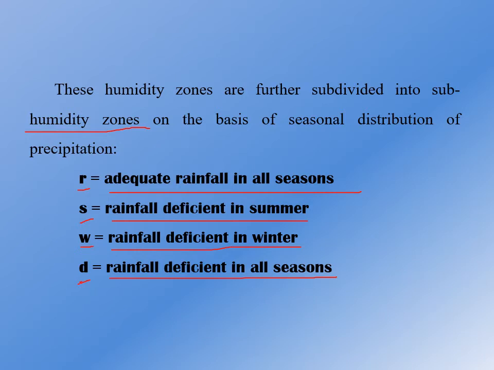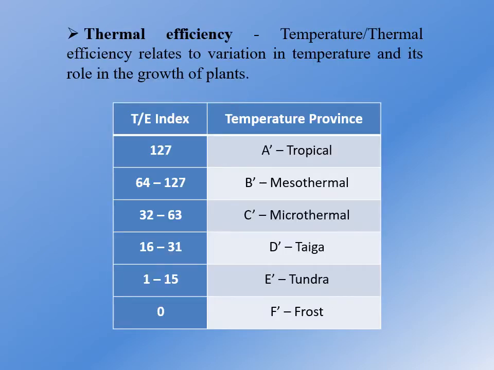Now another factor which was considered by Thornthwaite is the temperature efficiency. Temperature efficiency or thermal efficiency is a function of monthly temperature, and this thermal efficiency relates the variation of temperature to the growth of the plants.